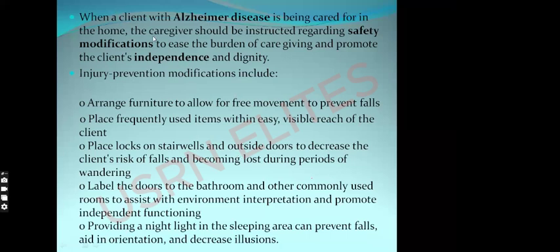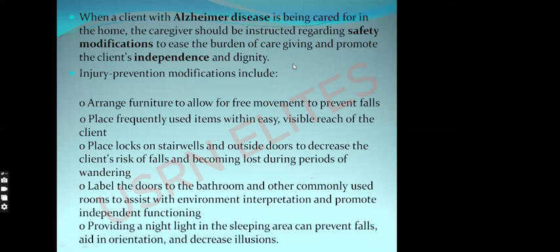So when a client with Alzheimer's disease is being cared for in the home, the caregiver should be instructed regarding safety modifications to ease the burden of caregiving and promote the client's independence and dignity. We'll talk about the levels, I mean, the stages of Alzheimer's.